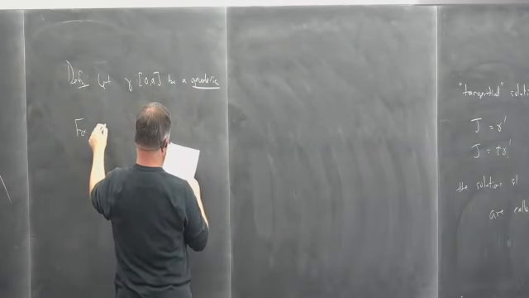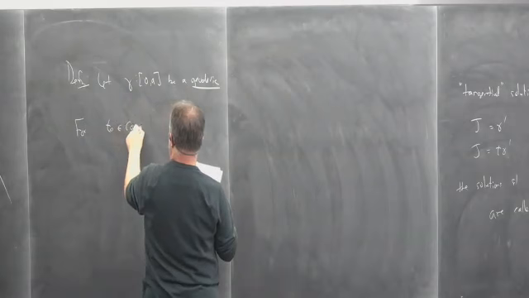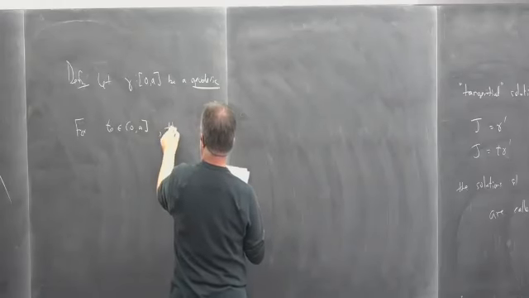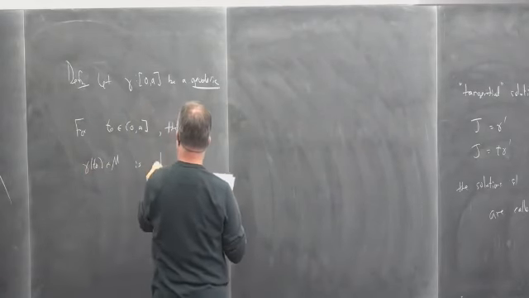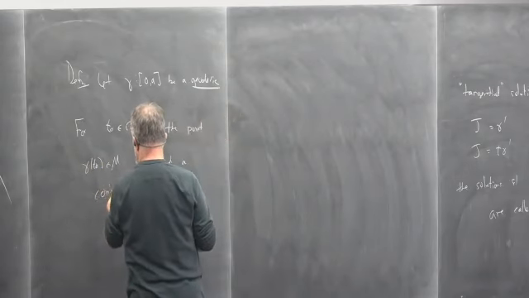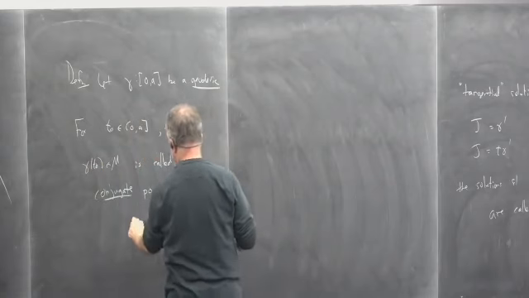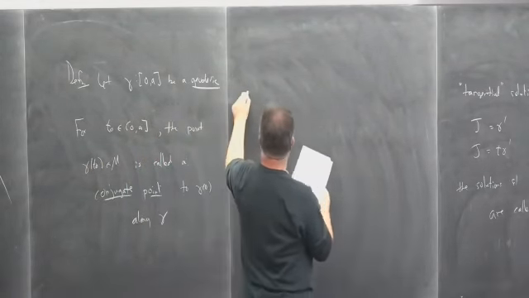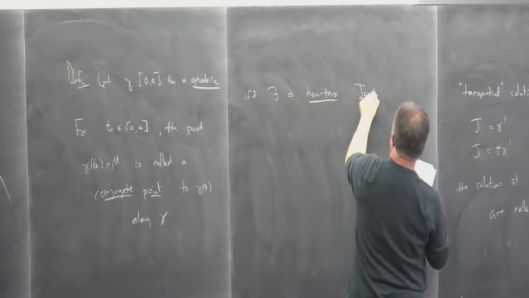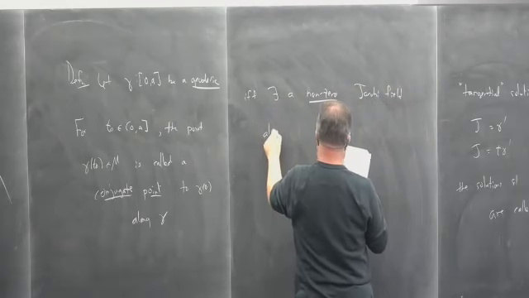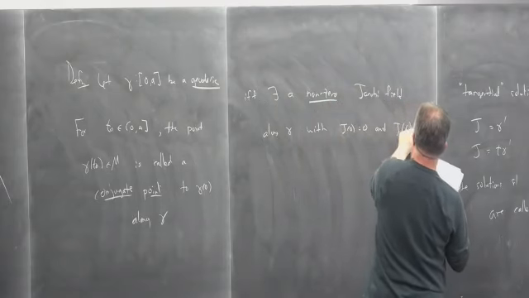And for t naught, something which is bigger than 0 but less than or equal to a, the point gamma of t naught in M is called a conjugate point to gamma of 0 along gamma, if and only if there exists a non-zero Jacobi field along gamma with J of 0 equals 0 and J of t naught equals 0.